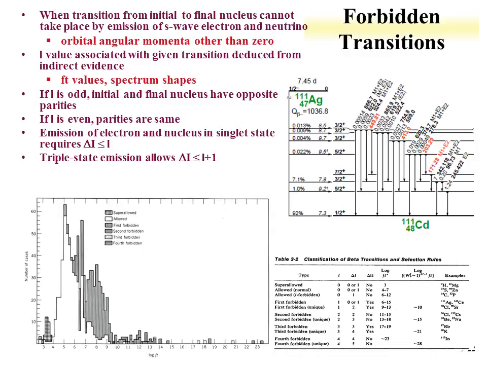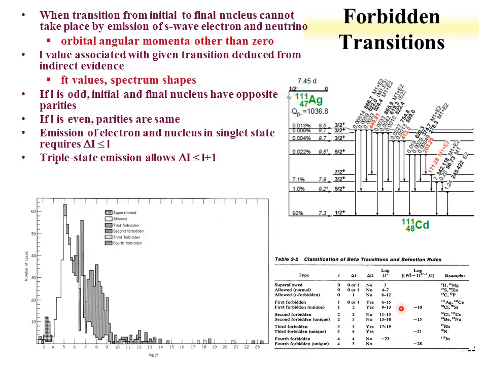As an example of this, a first forbidden transition is the decay of silver 111, where we go from a 1/2 minus to a 1/2 plus. This log ft value is 7.3, which falls within here. Spin change 0, but there is the parity change, 1/2 minus to 1/2 plus.